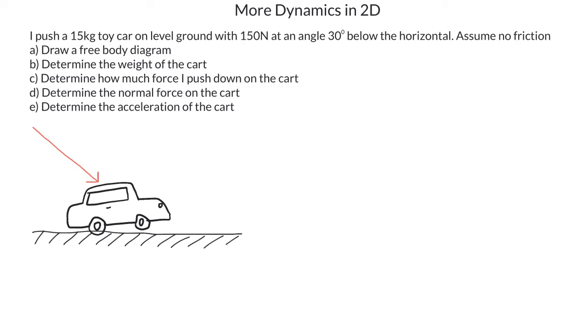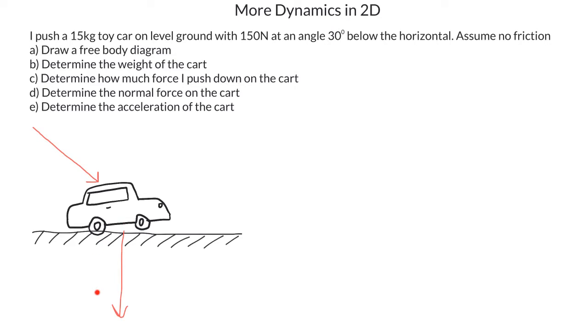We have gravity pulling down on the car, and then the car itself is not going to accelerate down into the ground. It's going to accelerate forward, so that means that there has to be a normal force going up. But what I hope you can recognize here, that the normal force is not going to be the same size as Fg right now.